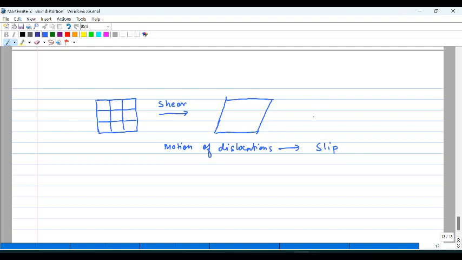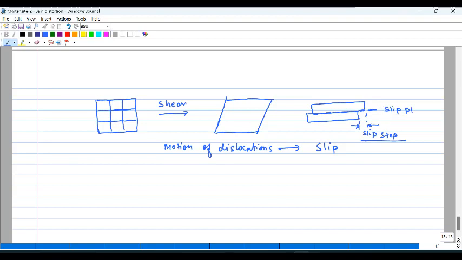Okay. So this is something like that. If one part of the crystal slips over the other, then it creates a slip step. And as I said, this is caused by passage of dislocations along a particular plane which is over here.